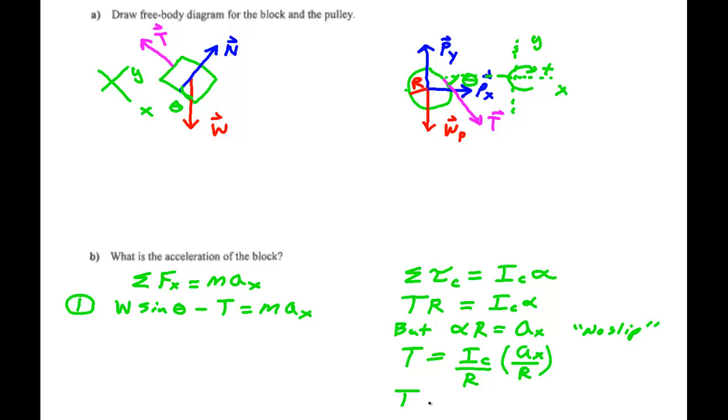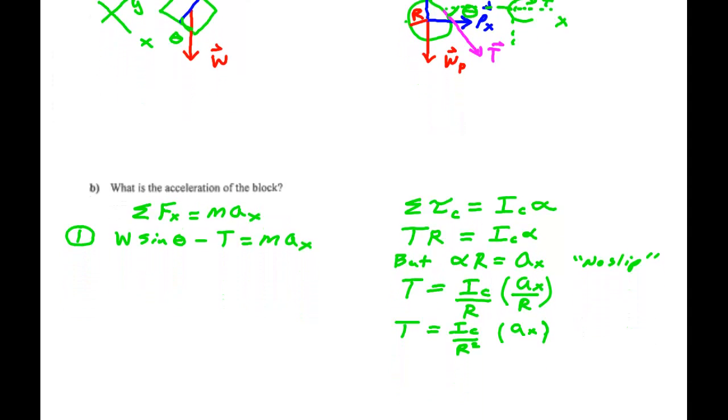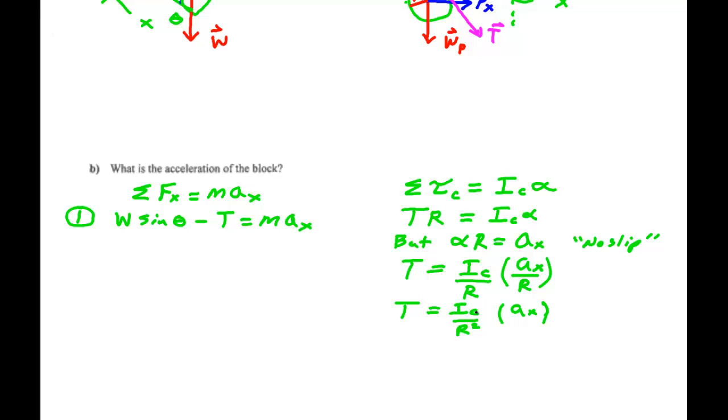This gives me that the tension is the moment of inertia divided by R squared times A_x. So remember that the moment of inertia looks like something times mr squared. So when you divide by r squared, you're basically getting the effective mass. So force is ma. Now this equation is equation 2.